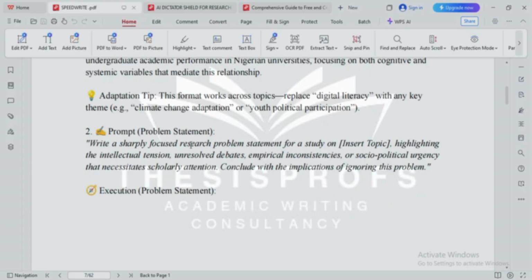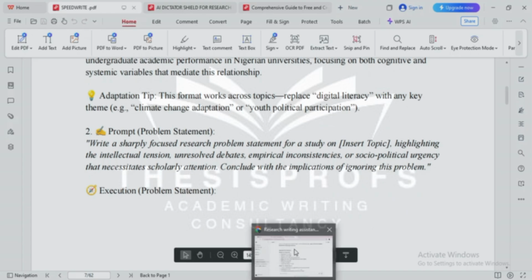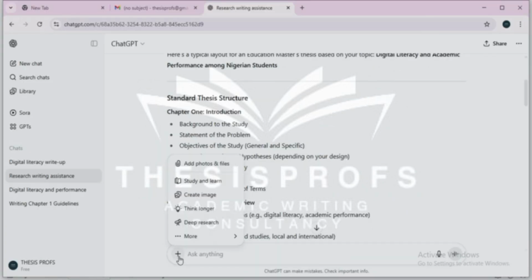So the next thing we're going to be putting together would be how to source for materials online, how to go about getting a lot of materials, and how you can prompt ChatGPT to use those materials, because of course you can upload materials. Look at this, add photos and files.